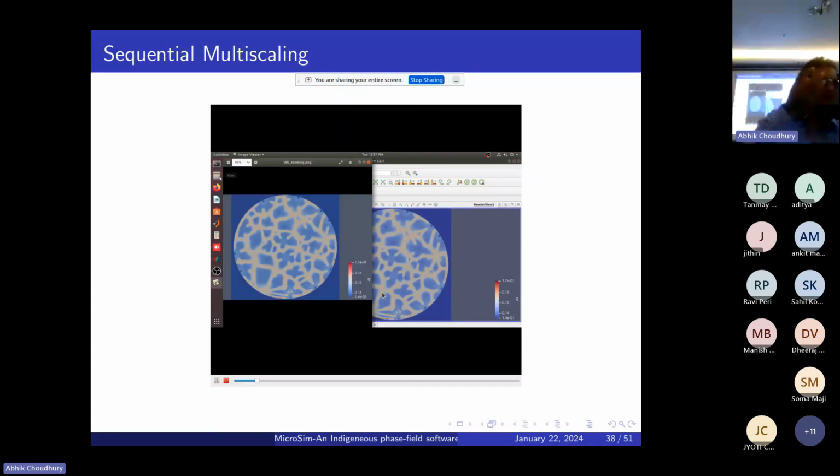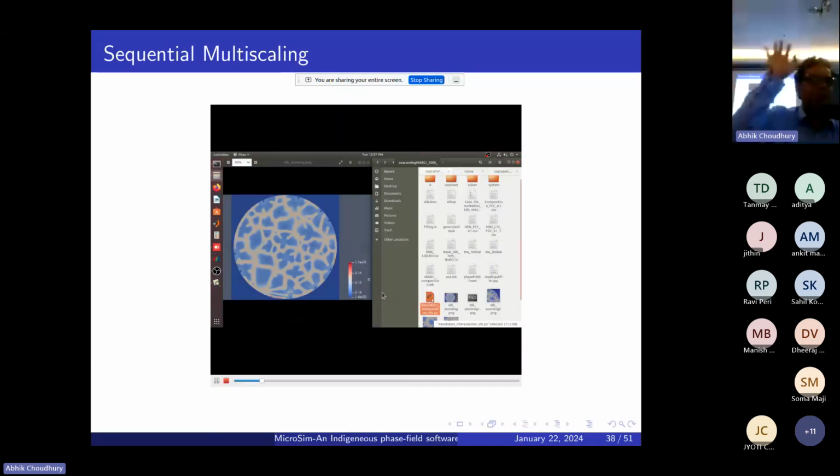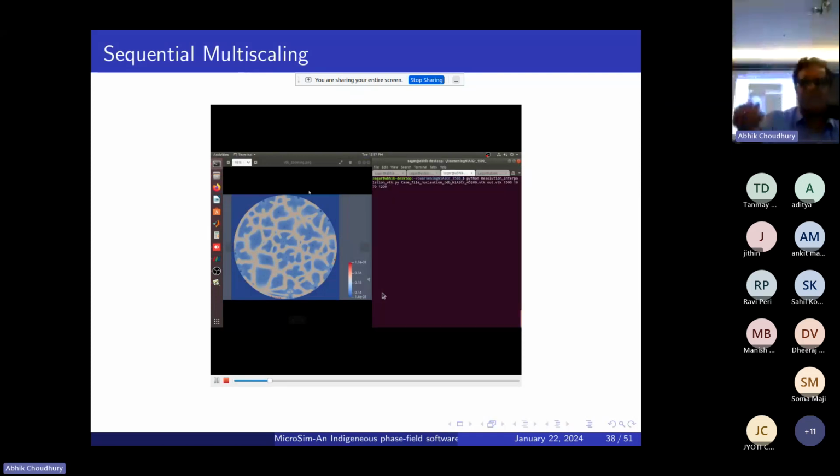Okay, so how many of you know about inert gas atomization? It is a procedure to make droplet powder for additive manufacturing or any other process like sintering and so on.